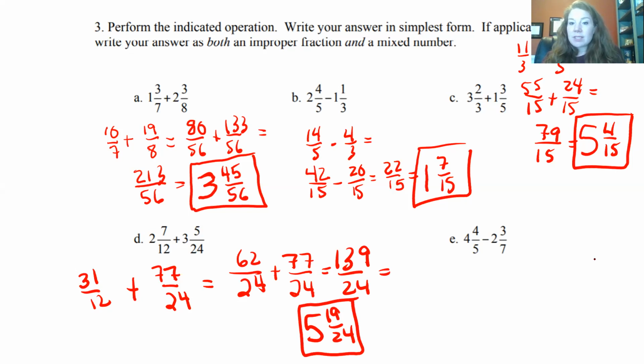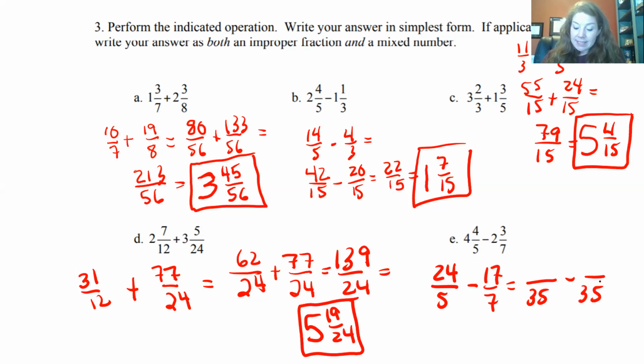And then one more. This is exhausting. So we're going to multiply 4 times 5 and get 20, plus 4 is 24/5, minus 17/7. And then our least common multiple would be 35. So 24 times 7 is 168. 17 times 5 is 85.